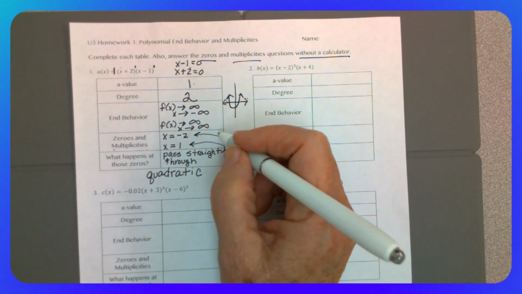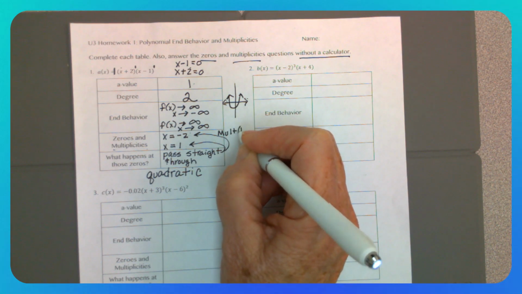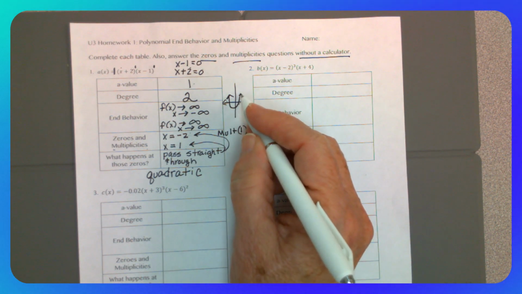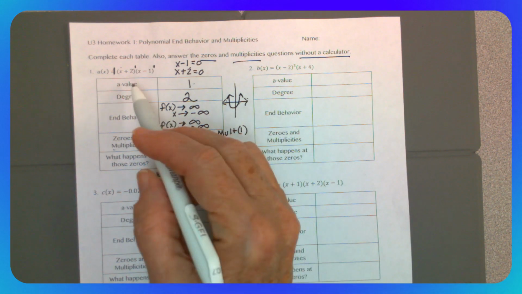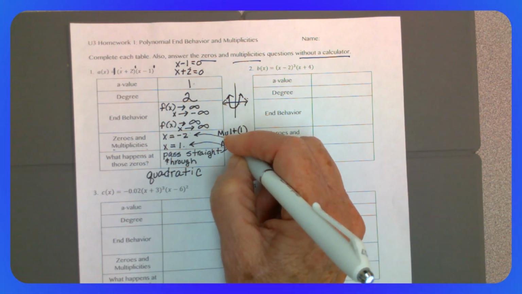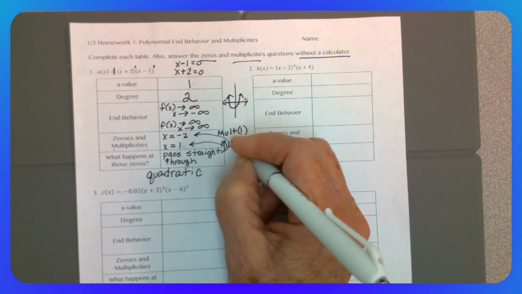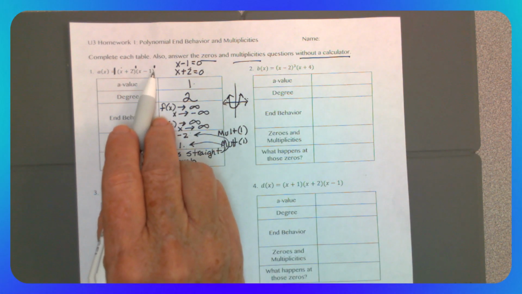So we have a multiplicity of 1. That means it's going to pass straight through. It's not going to bounce. It's not going to curve. Also, at x equals 1, we have a multiplicity of 1 because you can see that this binomial is also raised to the first power.